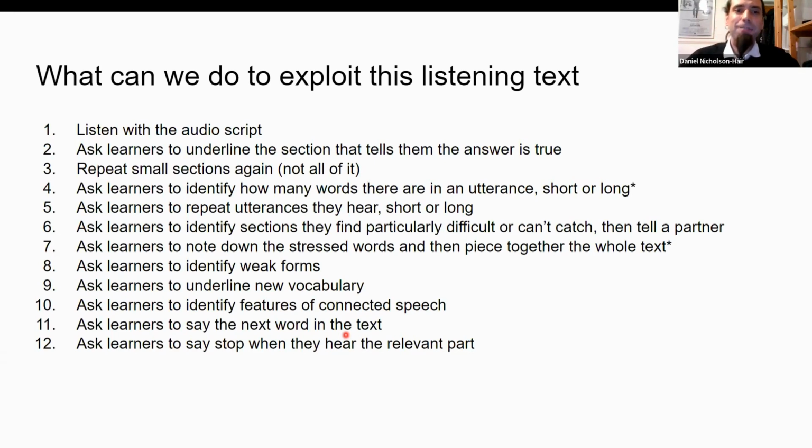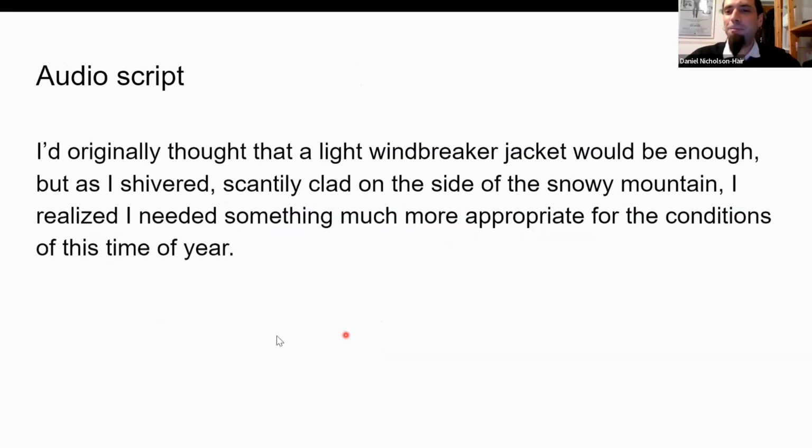For example, we can have vocal participation: I'd originally thought that a light windbreaker jacket would be enough, but as I shivered scantily... Clad. Yes, thank you. It's quite satisfying when the learners do that, and they find it quite enjoyable.